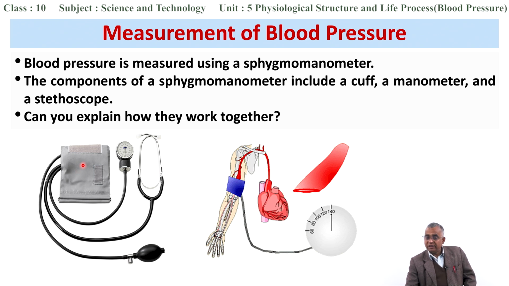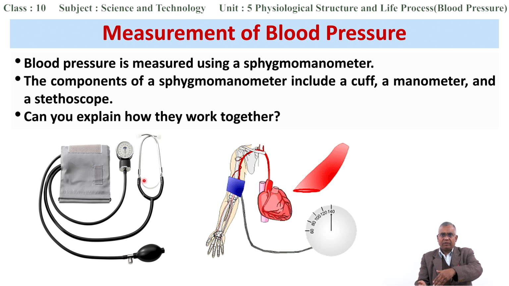As pressure increases inside the cuff, it is shown by the manometer. Usually we do not take the reading more than 140 to 150, because that pressure is also on your arm. We can go up to 160, but only in rare cases.